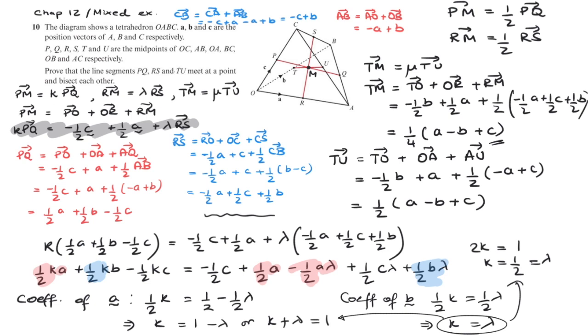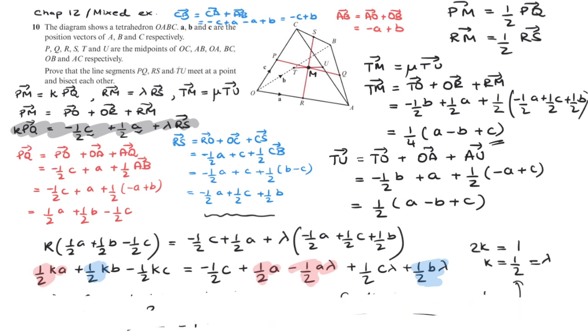So let's now get rid of a bit of this work at the bottom. So what we've got over here is the ratios now. So I've got TM to TU.